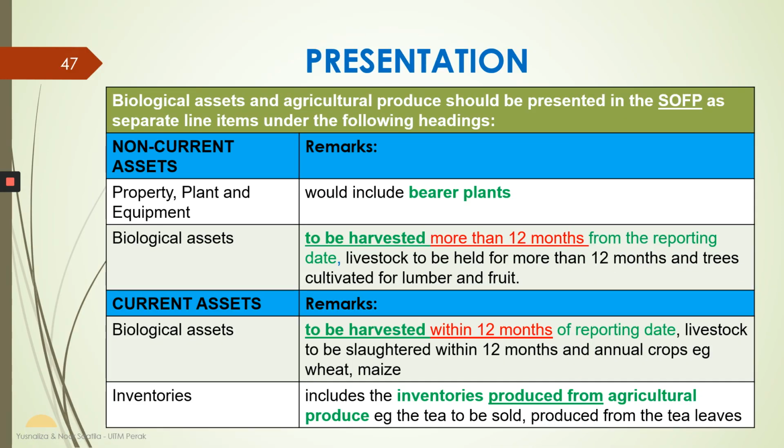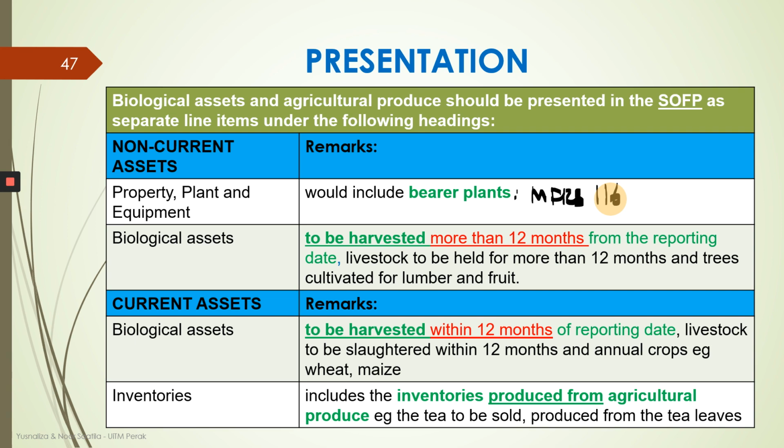These are the presentation for biological asset and those related to biological asset. So you may have bearer plants. As I said, bearer plants is not within the context of biological asset in terms of its accounting. Bearer plants are biological asset, only that it is not accounted under MFRS 141, because bearer plants are accounted for under MFRS 116.